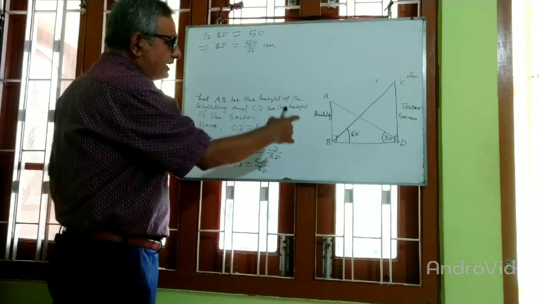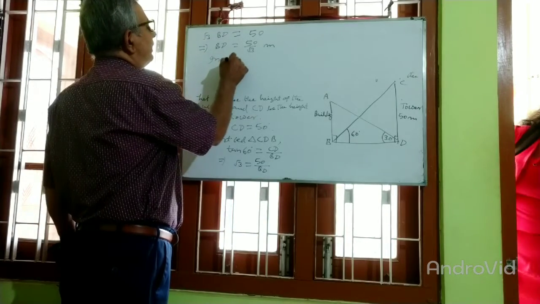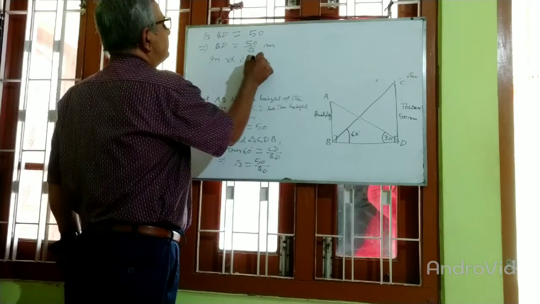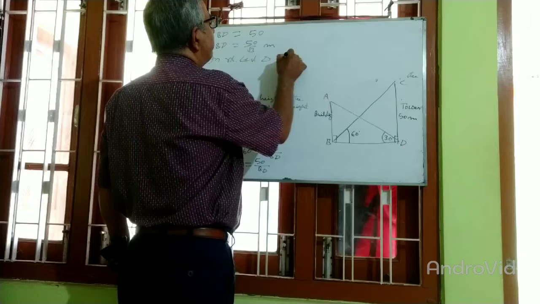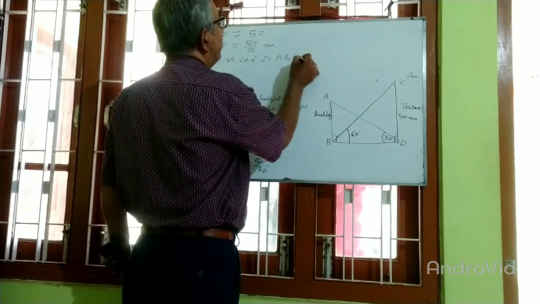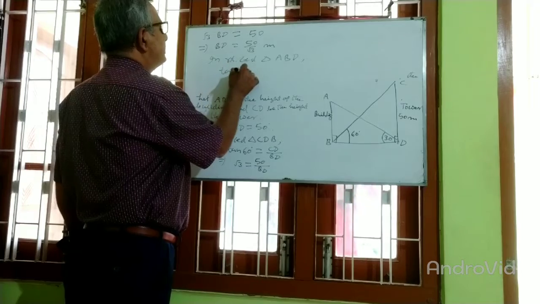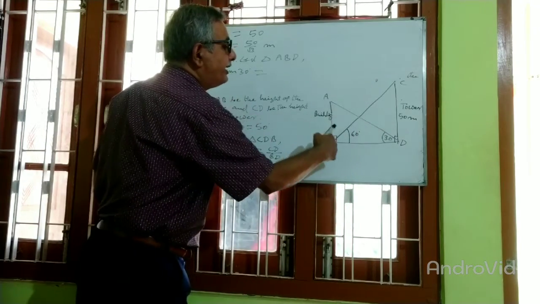Now in this case you got BD, no? Now which right angle triangle? In right angled triangle ABD, you take tan 30 degree is equal to what? Tan 30 degree is equal to perpendicular by base.